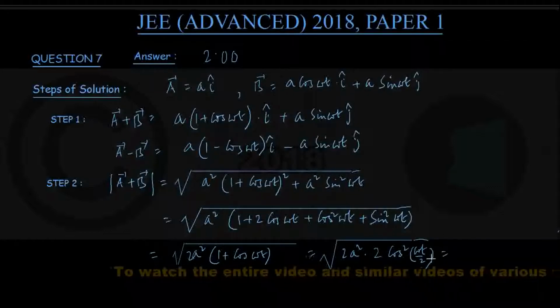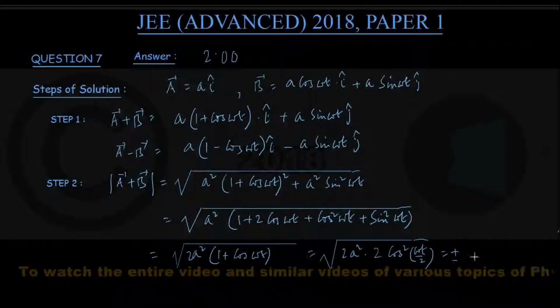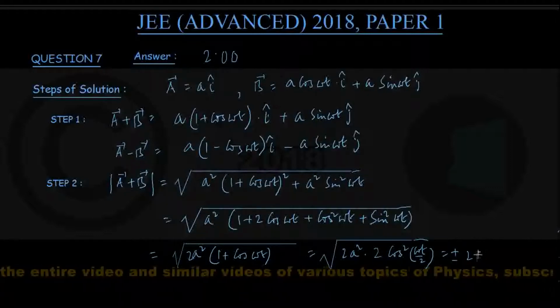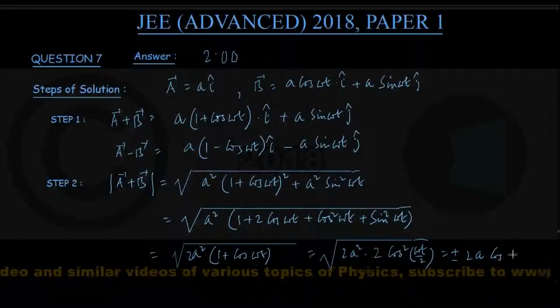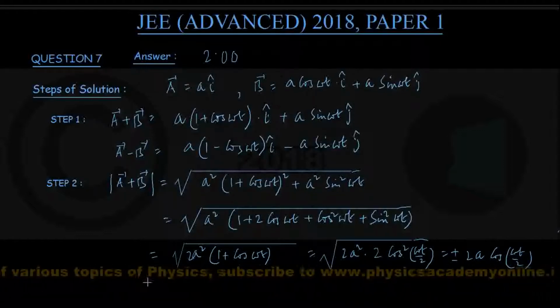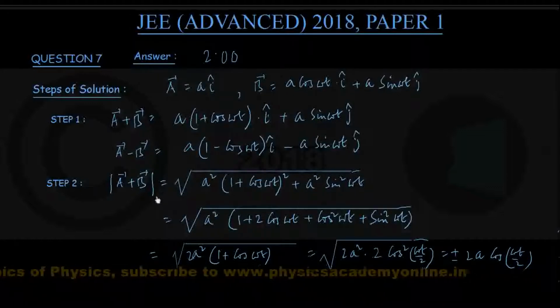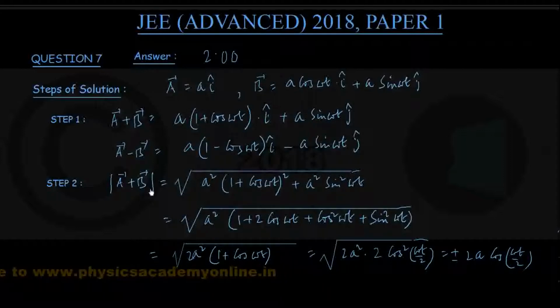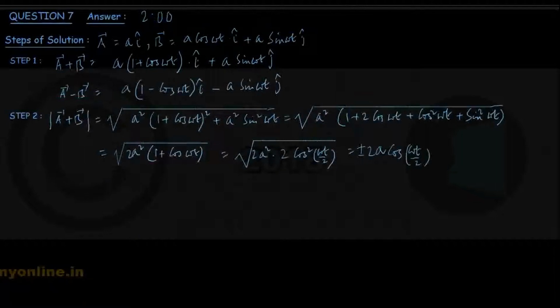And then square rooting, you can report it to be plus minus twice A cos of the angle omega t by 2. That is the magnitude of the vector sum A plus B. Let me call this last result as equation number 1 for future reference.